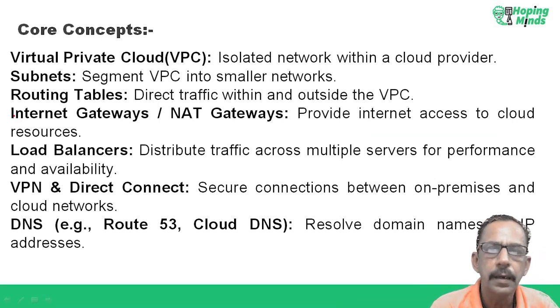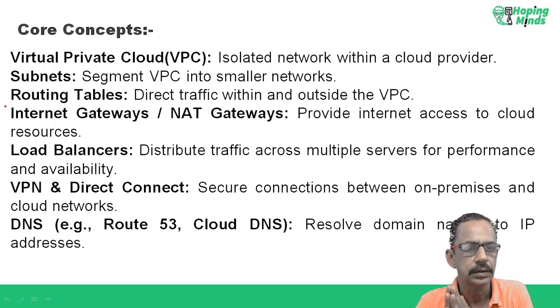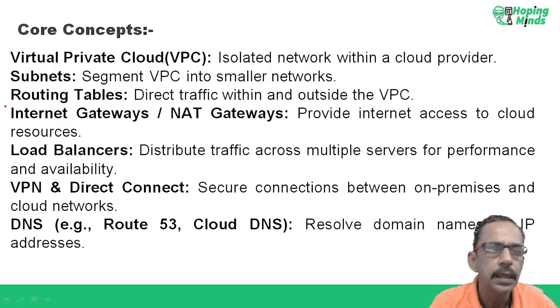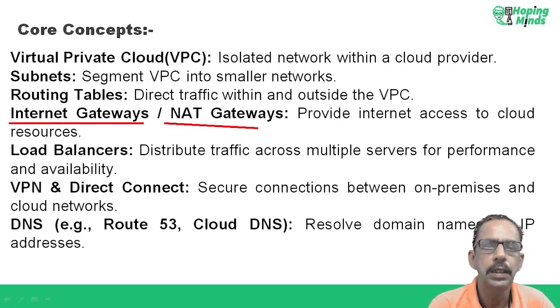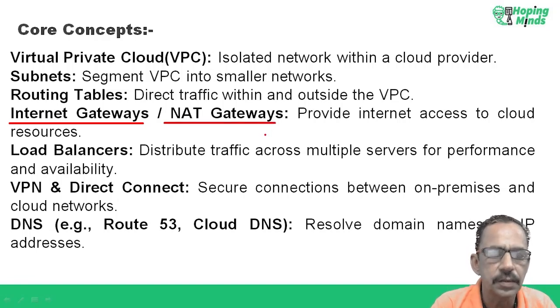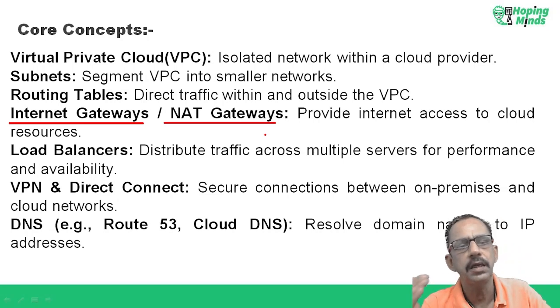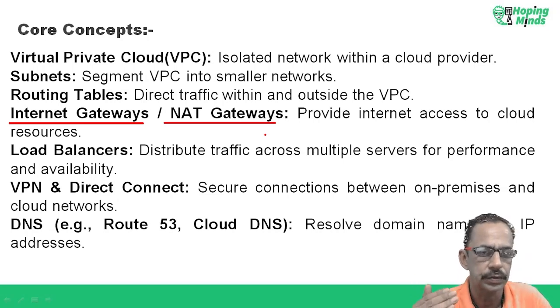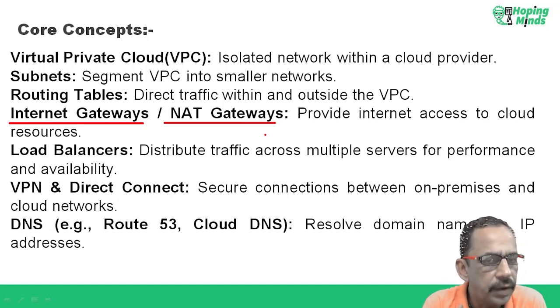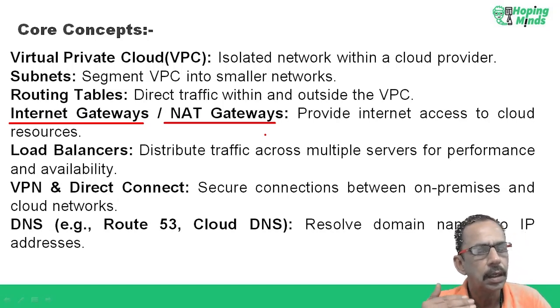Internet gateway: when I need to send the traffic from my VPC to the internet, then either we use the internet gateway or we use the NAT gateway. NAT gateway, like when we discussed private subnets and public subnets, when I need to send the traffic from a private subnet, as we have already discussed in the previous module, the NAT gateway enables the communication between the private subnet and the internet.